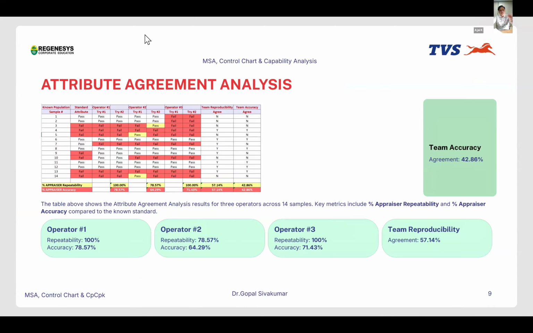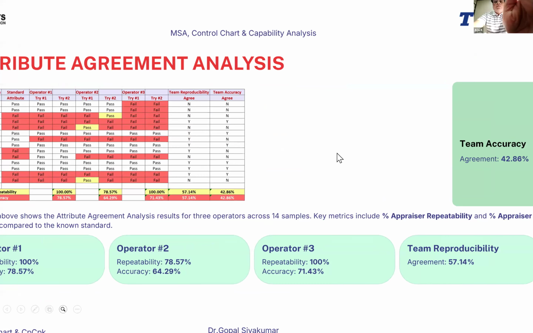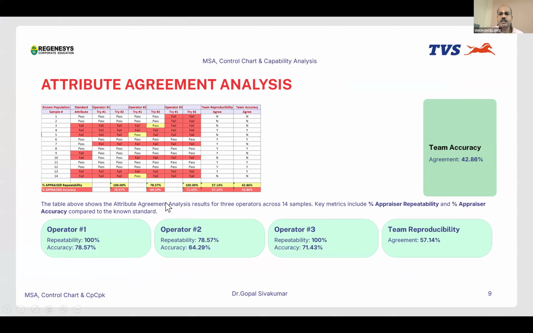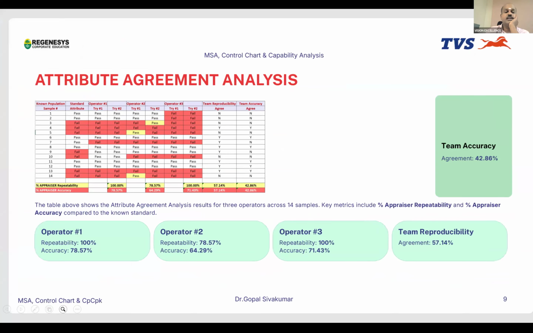Yes, sir. I want you to only look at the table here. I'll enlarge that.